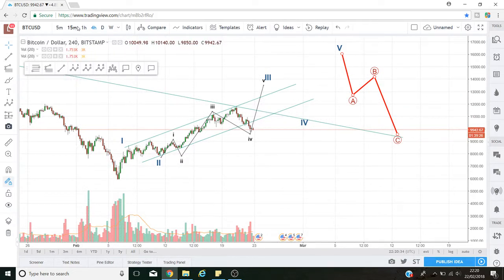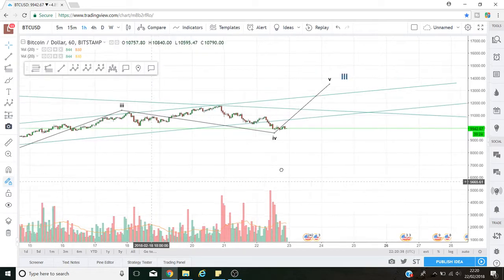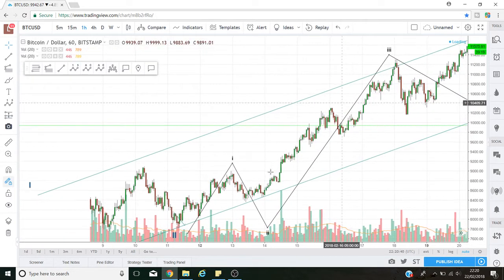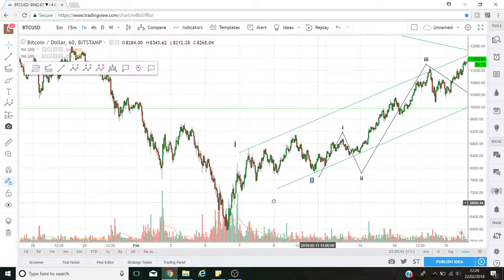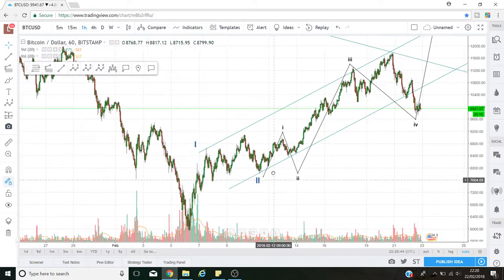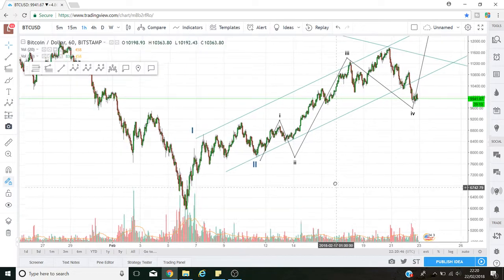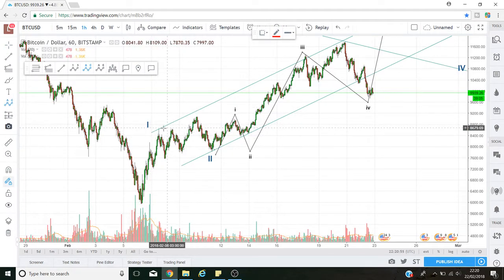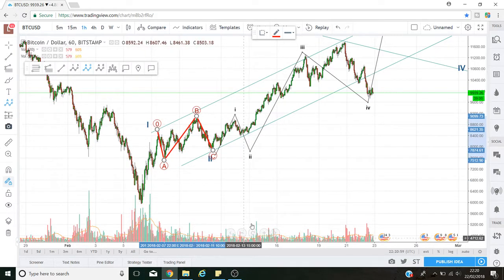But let's go in on the hourly charts just so I can break down the whole move and make it a bit clearer. I'll explain why I've come up with this count. So wave 1, 5 wave impulse ending here, and then we have an A, B, C pattern forming the end of wave 2.